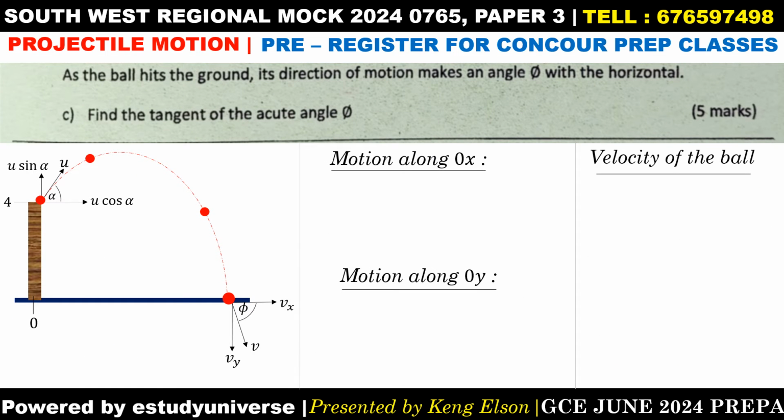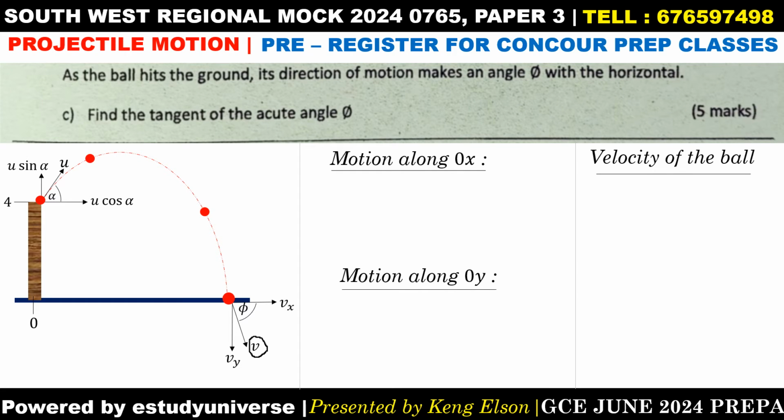Now the last part of the question says, as the ball hits the ground, its direction of motion makes an angle of phi with the horizontal. Find the tangent of the acute angle phi. So already displayed to you, when the ball hits the ground, practically its velocity will be given the direction of motion.